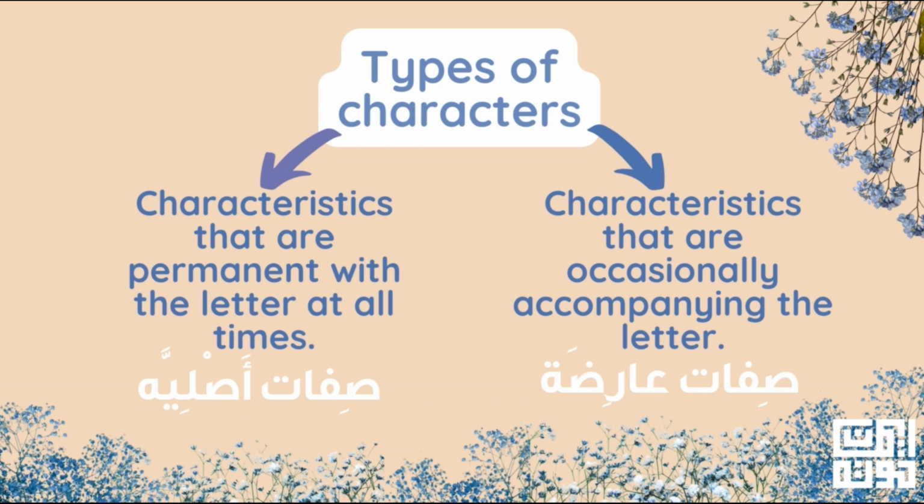Asliya means they are always with the letter at all times. But there are other characteristics that are occasionally accompanying the letter, not at all times. Okay? So these are called sifat arida. So ones are permanent and others are occasional.